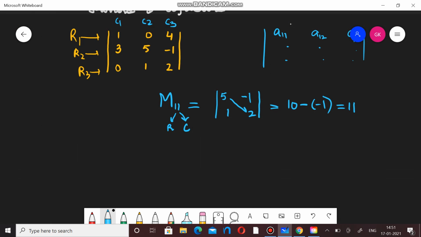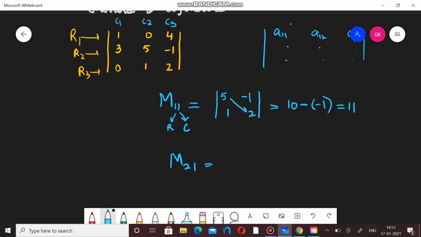Now you tell me what is the minor M21. Which row are you going to hide? You are going to hide the second row and the first column, and then take the determinant of that.